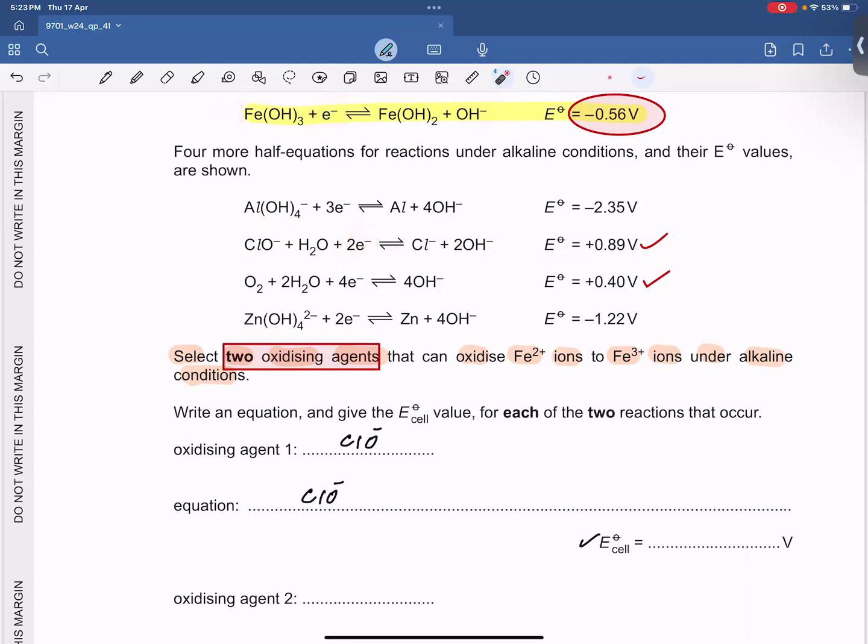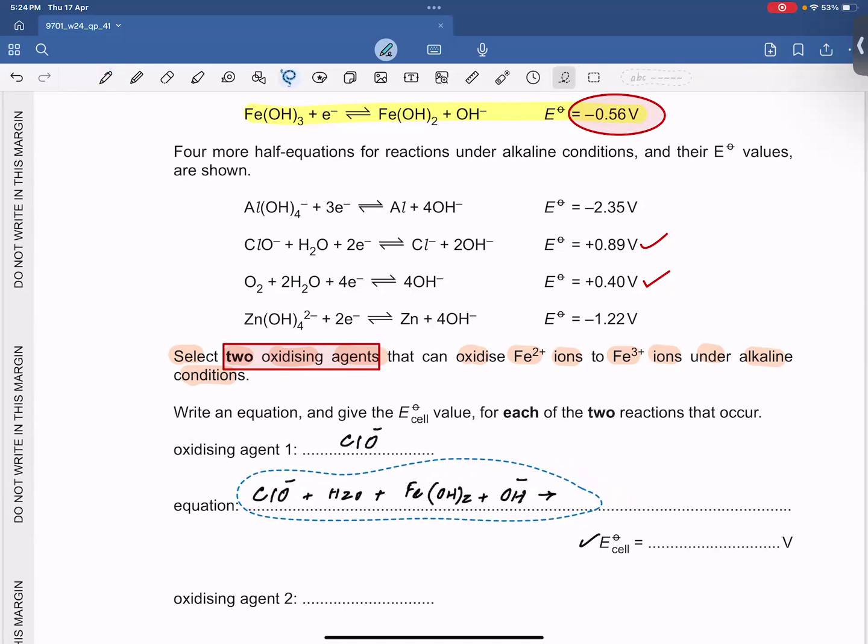So take this equation as it is, and the second equation needs to be multiplied by 2 and flipped. After flipping, I'm writing it directly: Fe(OH)2 plus OH negative arrow Cl negative plus 2 OH negative. This is 2 also.